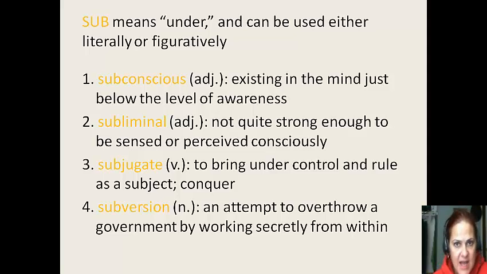Subversion is a noun, and it is different, but people get these mixed up too, because subversion is from the inside out. This is what spies and espionage would involve. So it's an attempt to overthrow a government from within. So it's secret, it's within, whereas subjugate is one overtaking another, and it's very overt and outside. It's not secretive.